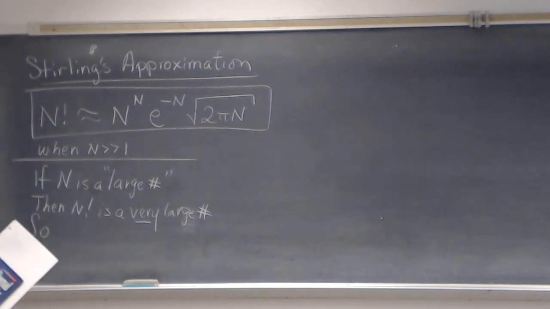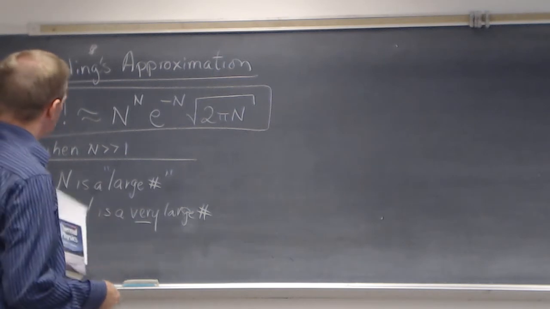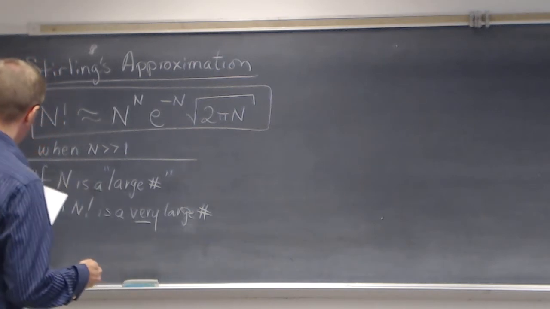So n is a large number, and n factorial is a very large number.